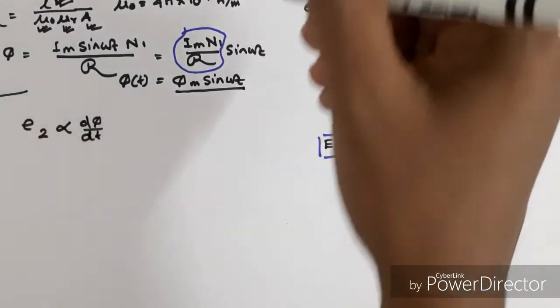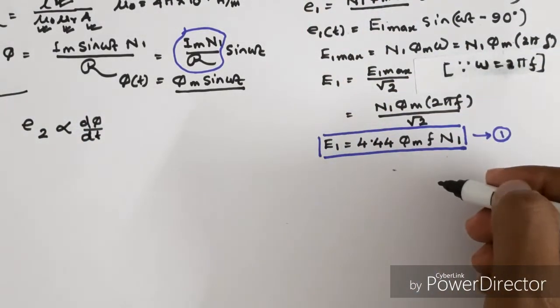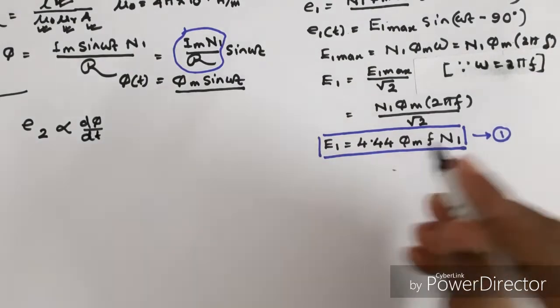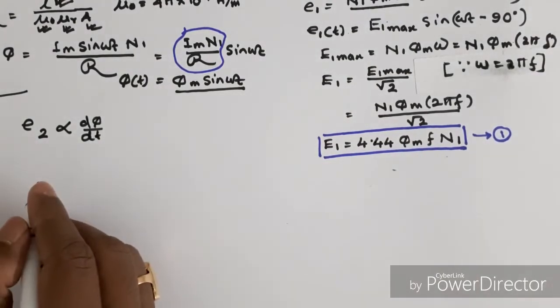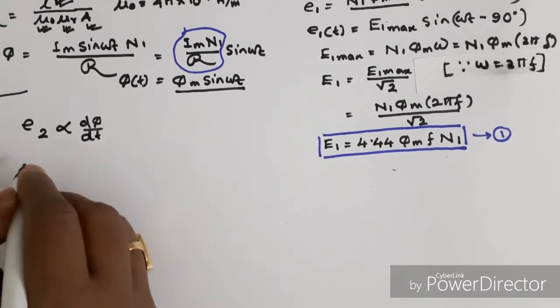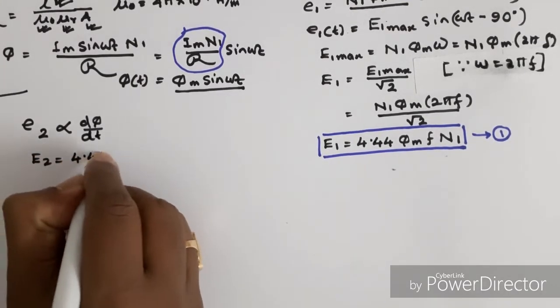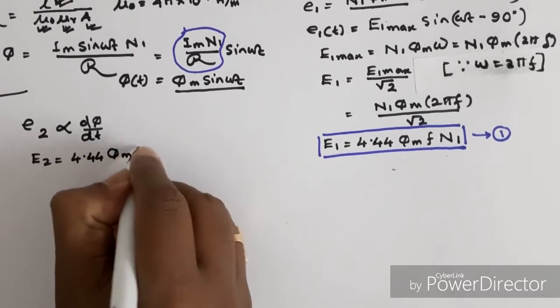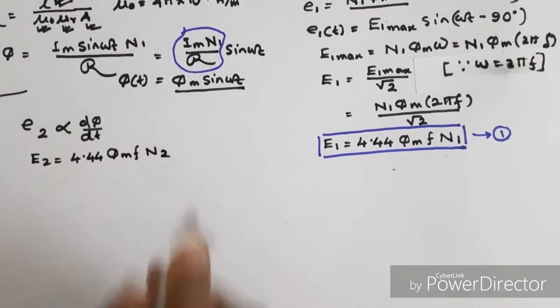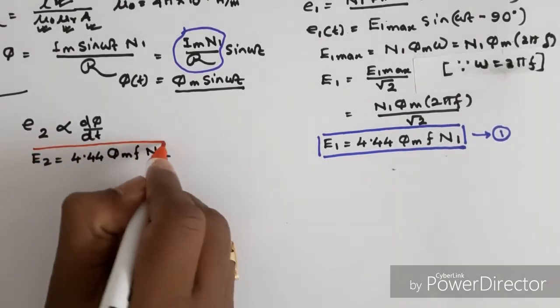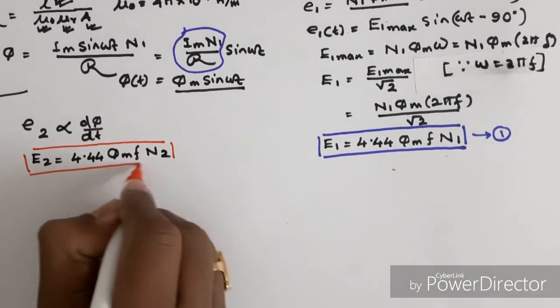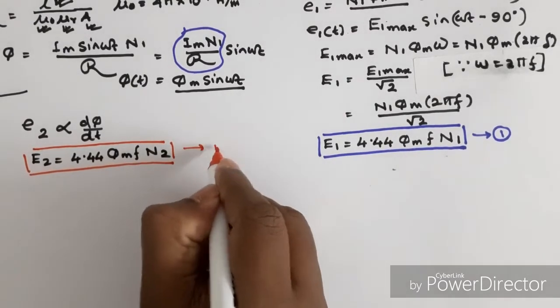Again, if we do the same process of derivation of induced EMF, then the induced EMF in the secondary winding will be given by E2 equal to 4.44 phi m f into N2. This is the induced EMF in the secondary of the transformer. This is equation number 2.